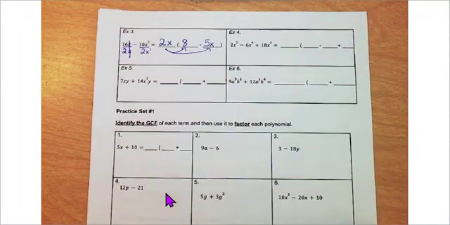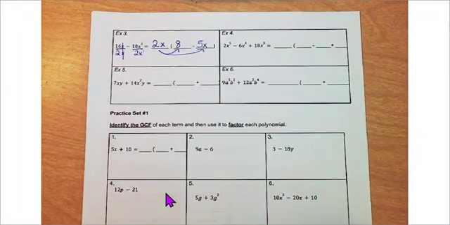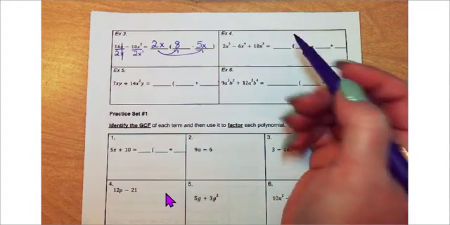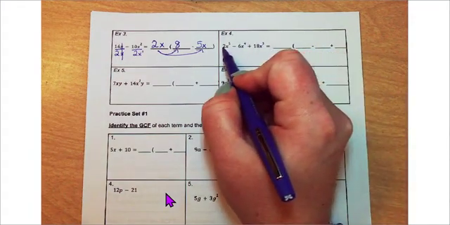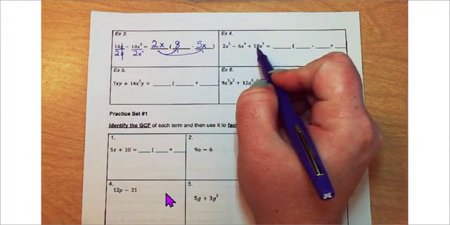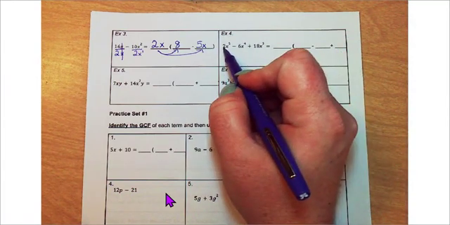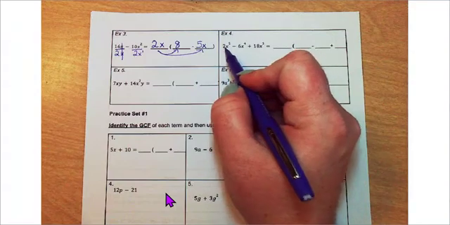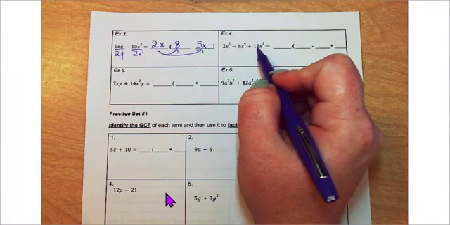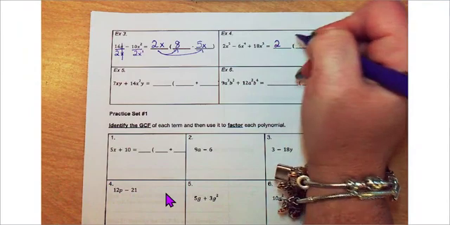So let's keep rolling. All right, number 4, I gave you a little bit bigger exponents, but we're going to do the same thing. We're going to think about what the GCF is. We have coefficients of 2, 6, and 18. Well, the only factors of 2 are 2, and if I put these 3 numbers in Desmos, it's going to tell me that my GCF is 2.